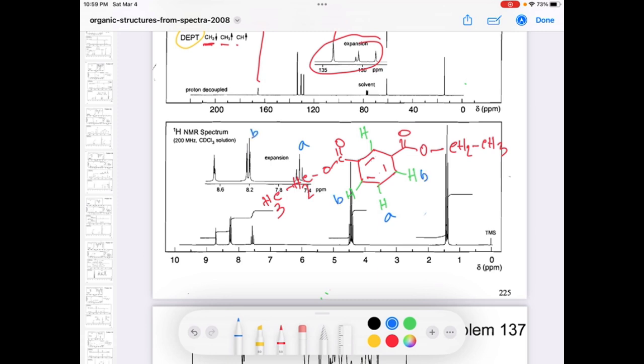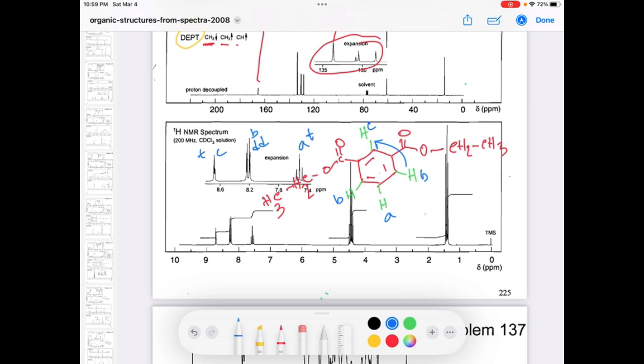Also B can see the C proton, so that C proton also gives a little doublet. That's why B is a doublet of doublet. A is a triplet, and C will see only B over the functional group, so it will give you a small triplet. So this is the structure for this problem.